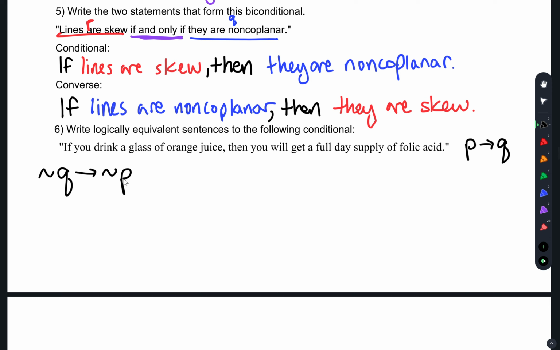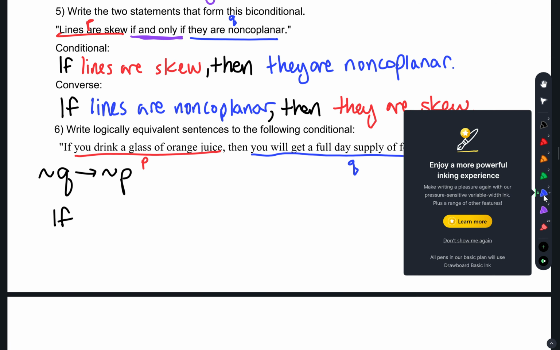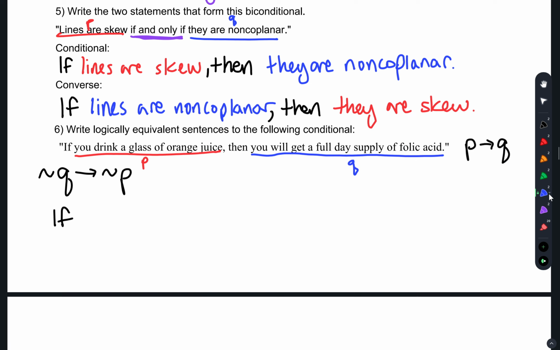So let's write this out. I'm going to identify my hypothesis: you drink a glass of orange juice. I'm going to identify my conclusion: you will get a full day supply of folic acid. And I'm going to flip this, so the conclusion is going to come first and the hypothesis second. We'll start with if you will get a full day supply of folic acid. We want that to be negative, and we want it to make sense the way our sentence is going.